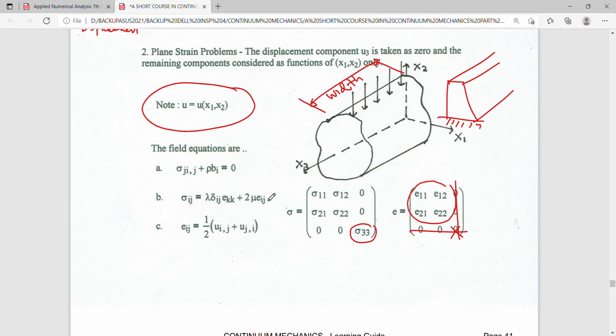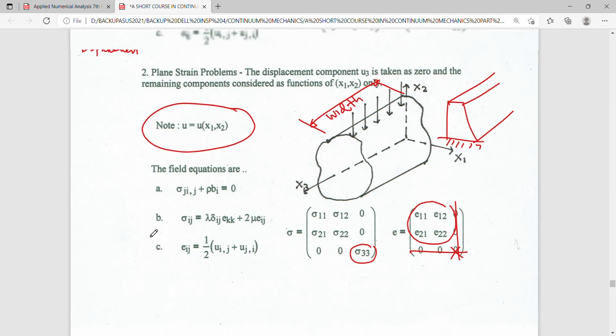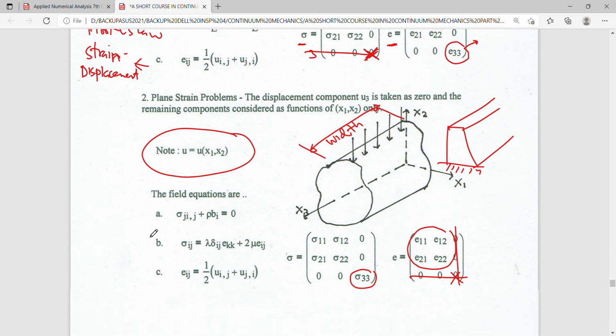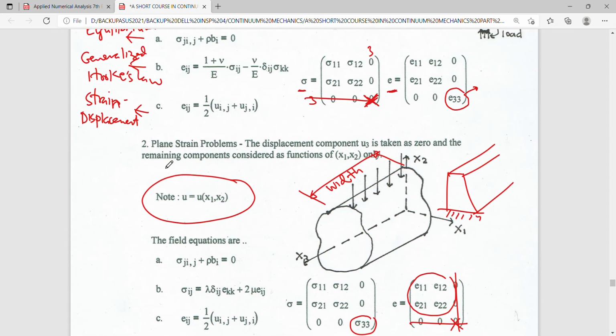Okay, so again, you have three field equations: the equilibrium equation, the constitutive equations, or what you call the generalized Hooke's law, and the strain displacement relation. So take a look at the Hooke's law, or the generalized Hooke's equation or constitutive equation. They are differently expressed, but they are just the reciprocal of the other.